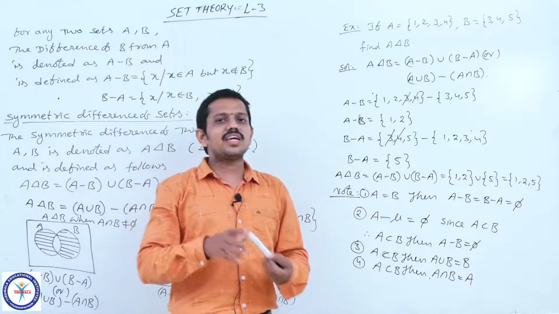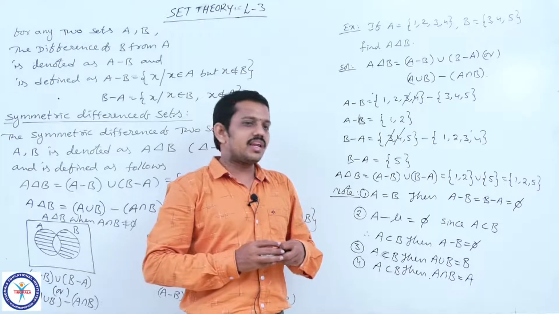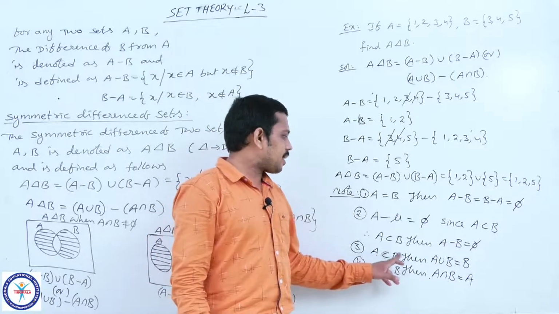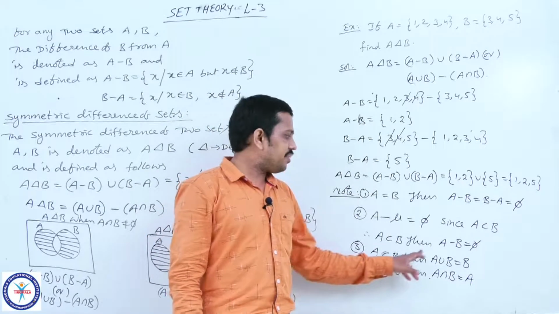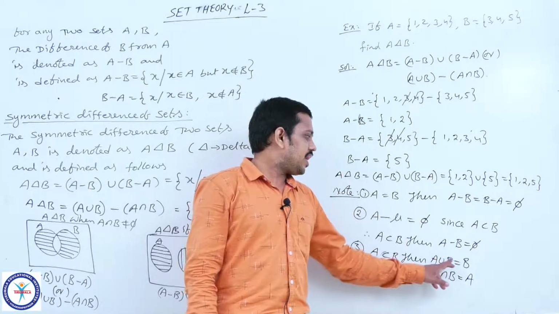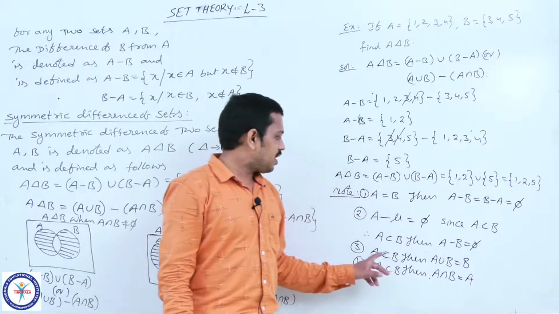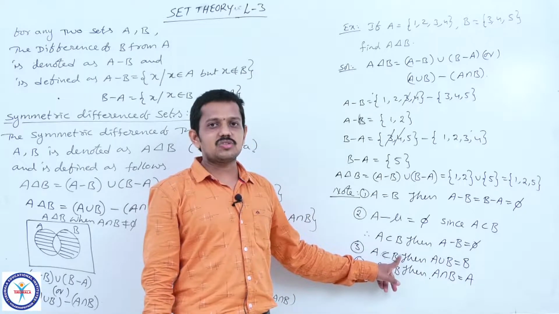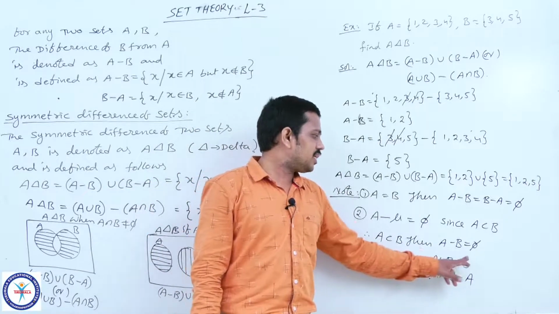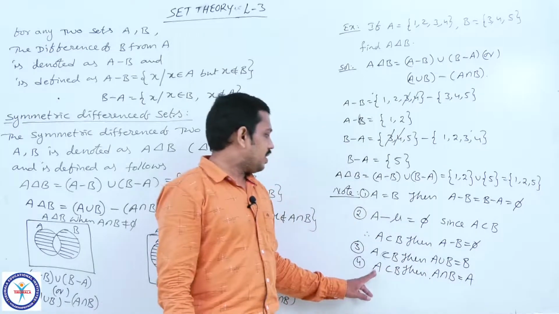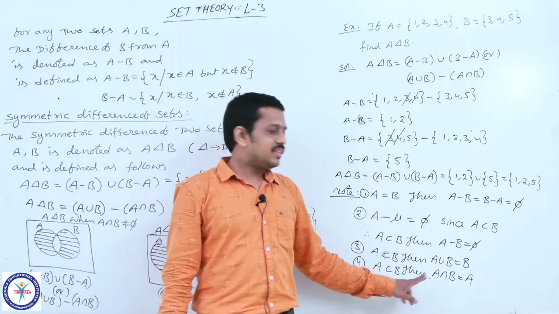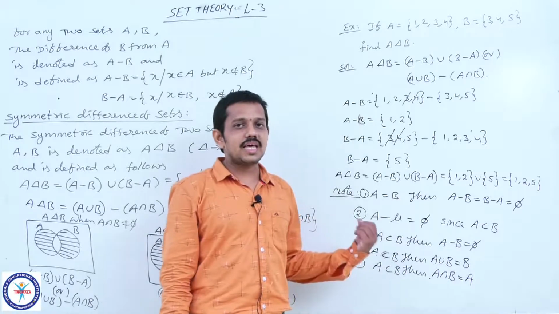How can we remember this? Simply, if A is a subset of B, then the union of A and B is the greater set, the superset. Here B is the superset, so A union B gives superset B. If A is a subset of B, then the intersection gives the subset.